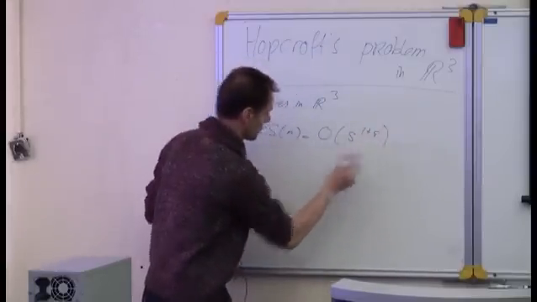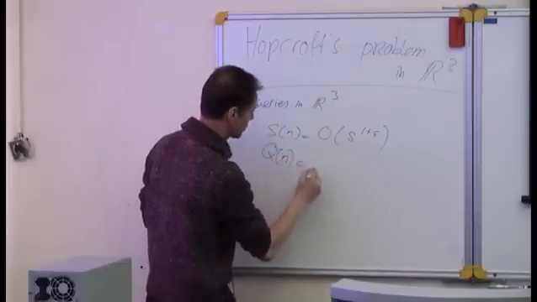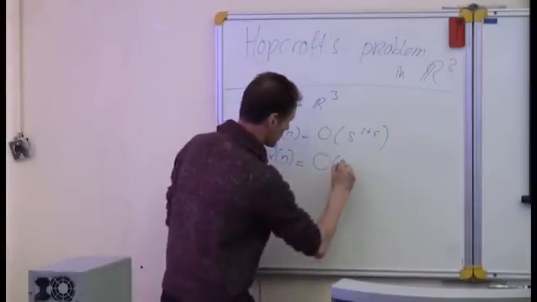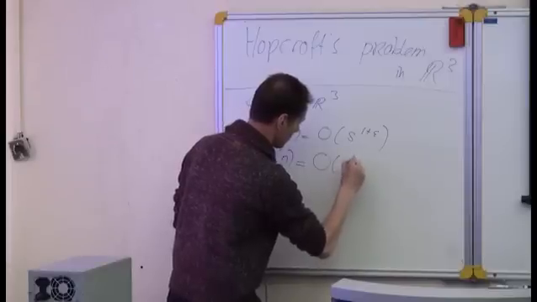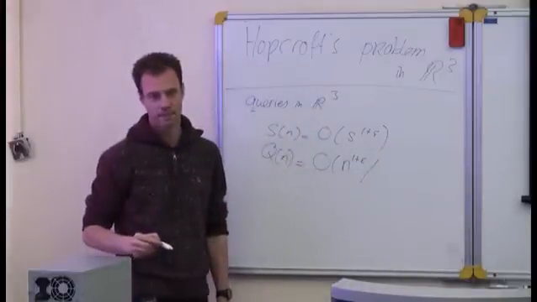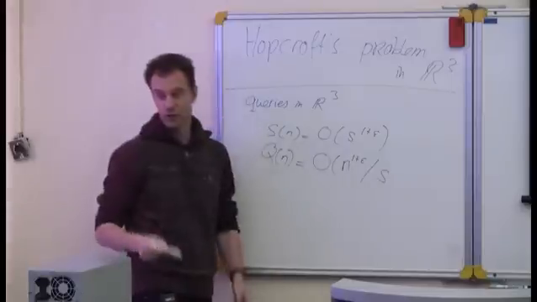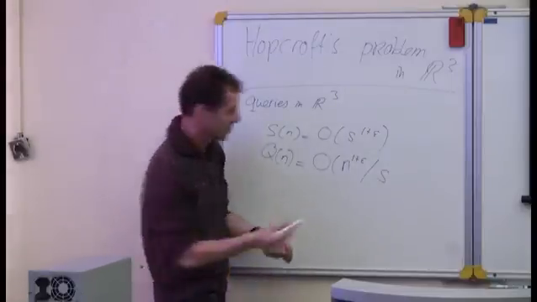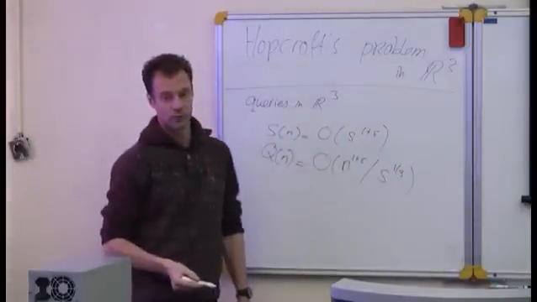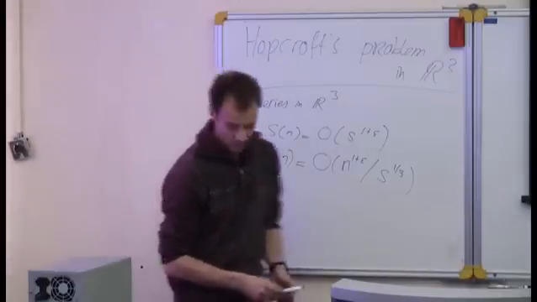And the query is going to be, do you remember, n to the 1 plus epsilon divided by S to the power 1 over d, so 1 over 3 in this case, so S to the 1/3. Okay, so how do I pick my value of S?